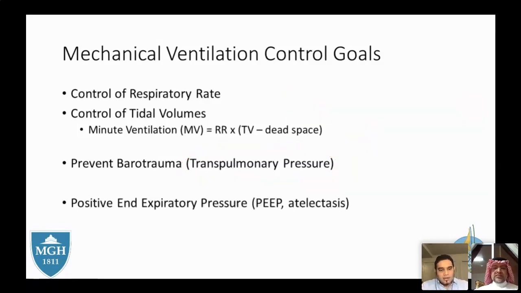We're also going to talk about the meaning of positive end expiratory pressure, the main reason for which is to prevent atelectasis at the end of exhalation.